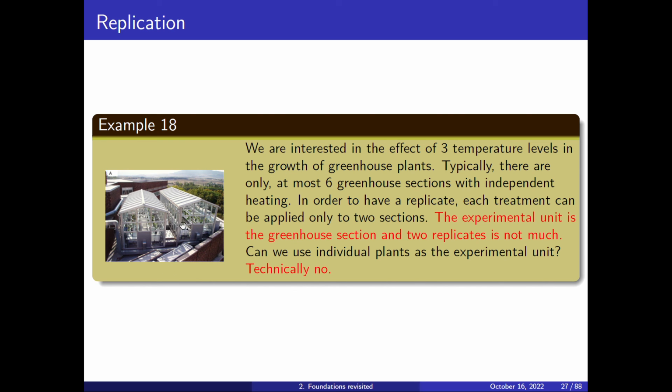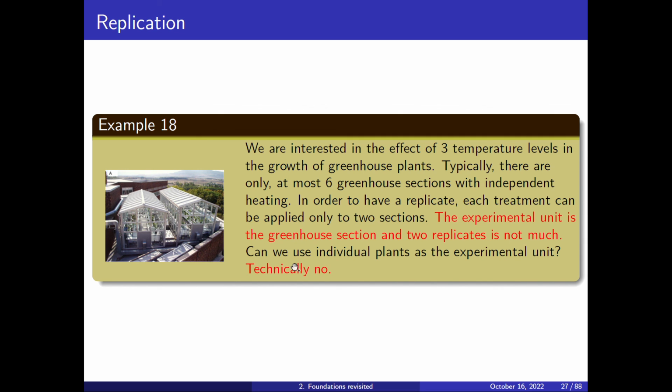So for instance, let's say that you have 6 greenhouse sections and you have 3 treatments, so each one of the temperature levels will have a couple of greenhouse sections, so a couple of rooms. So the experimental unit is the greenhouse section, so it is the room, because that is where you can change the temperature.